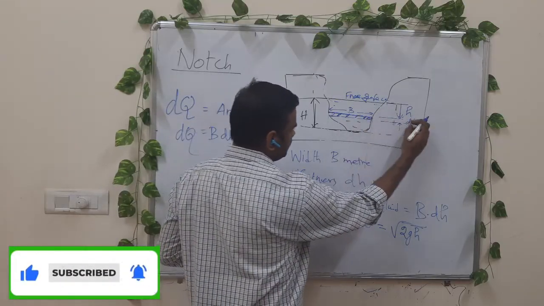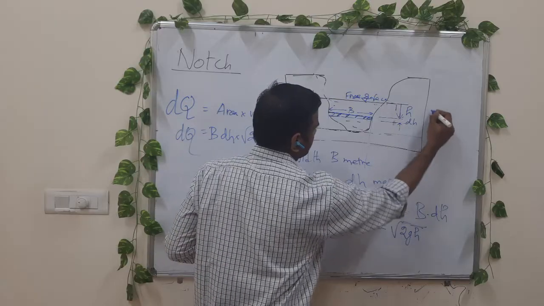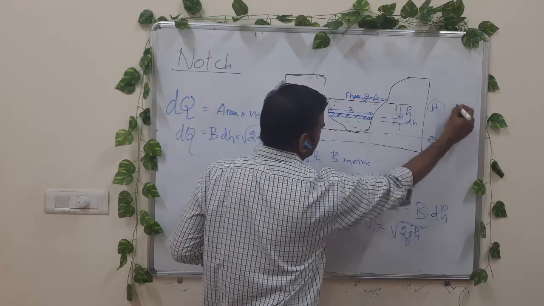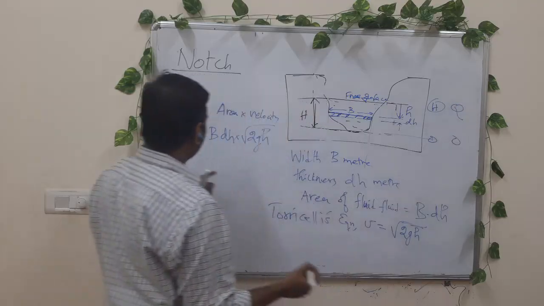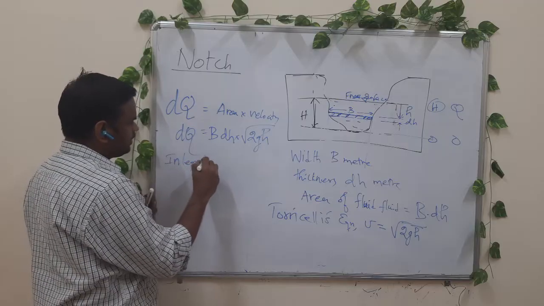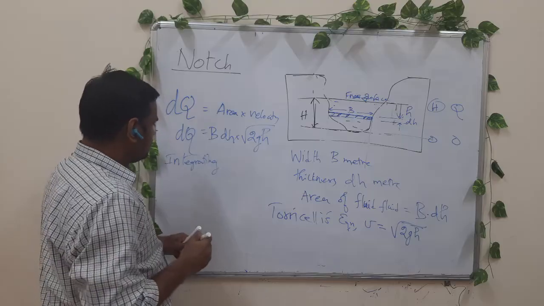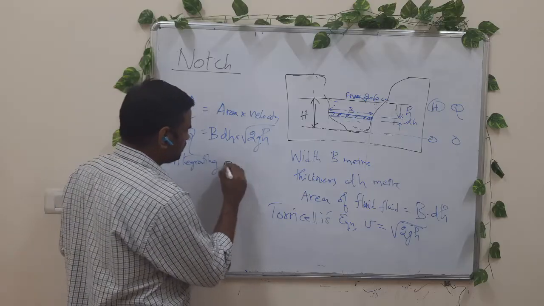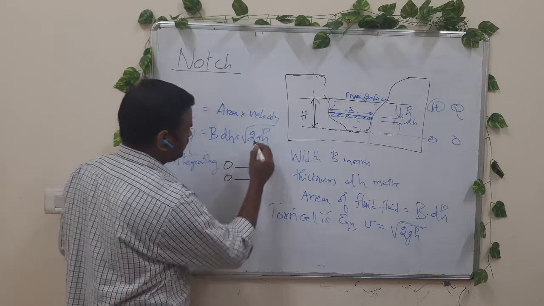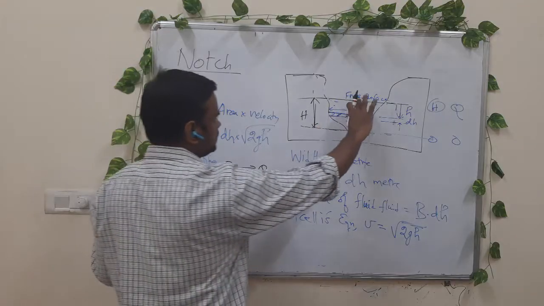This is at a particular height dh, but the height varies from 0 to capital H, and the volumetric flow rate varies from 0 to capital Q. So we can integrate within the limits 0 to Q and 0 to H to get the discharge through the notch.